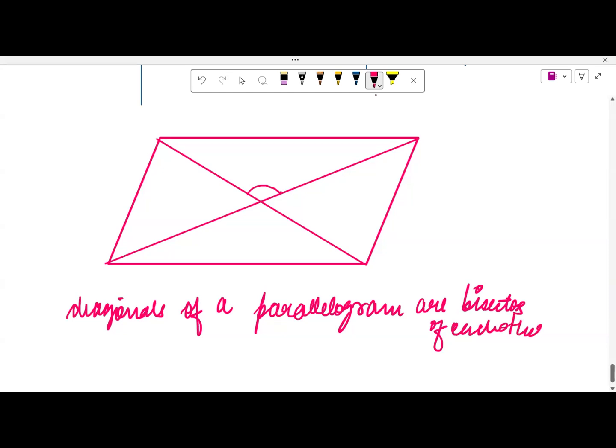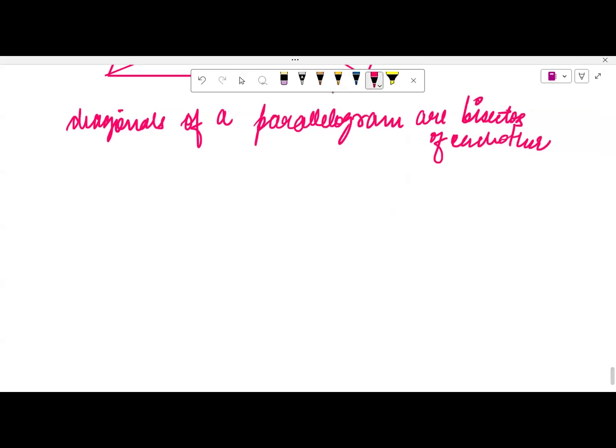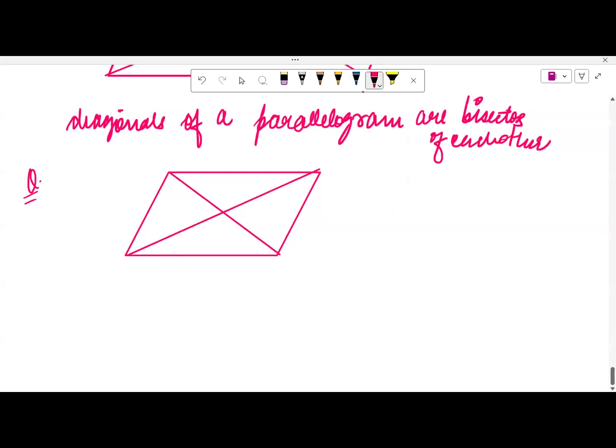Okay. Now we'll do one question based on this. This is a parallelogram. These are the diagonals.